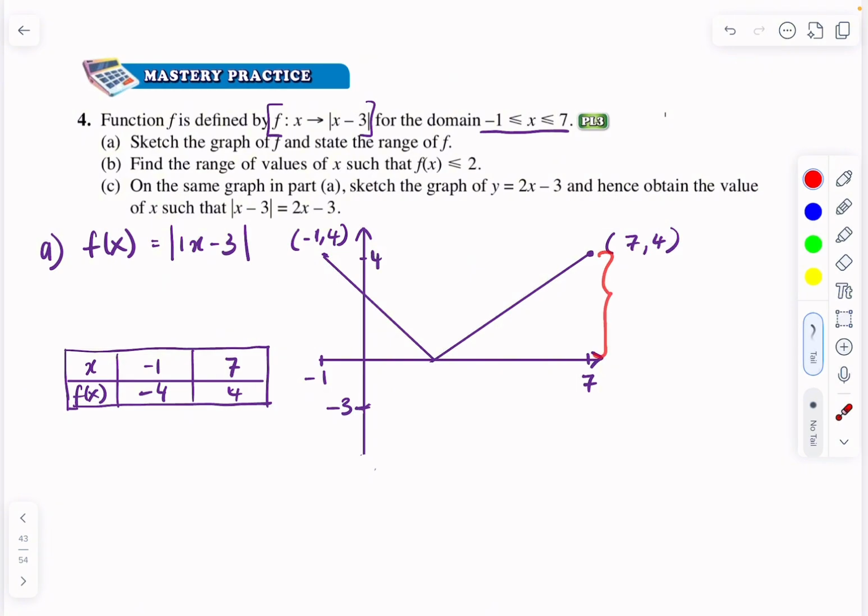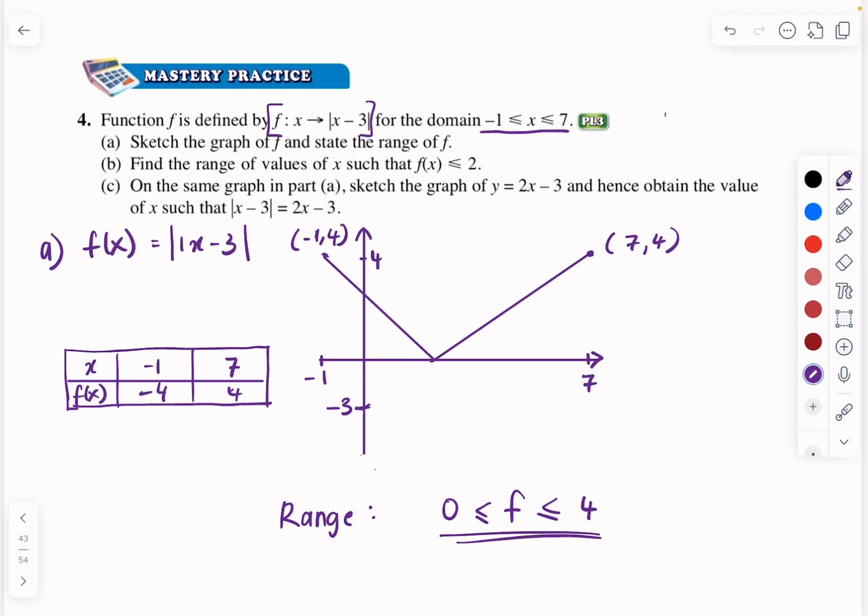So the whole graph starts at this point and it ends at 4, for this domain. So the range, you can write it as f is in between 0 and 4. That's it. This is your range of f.